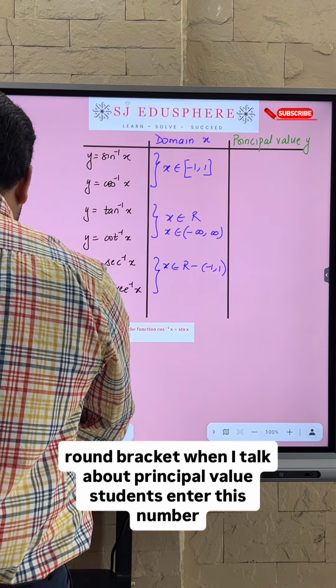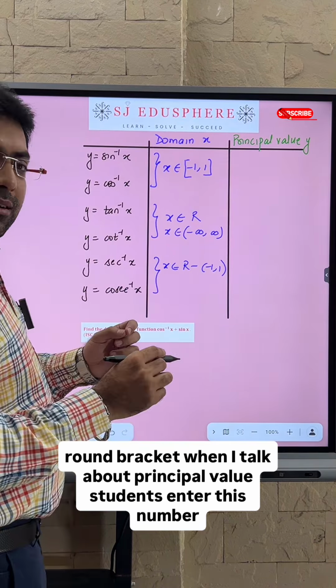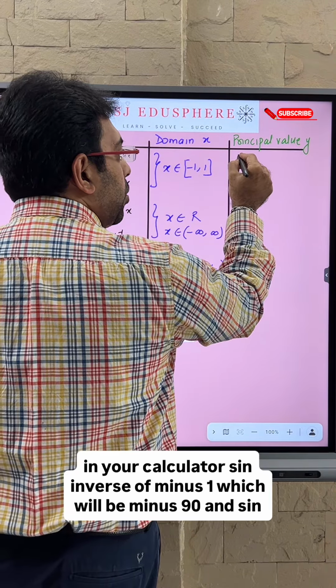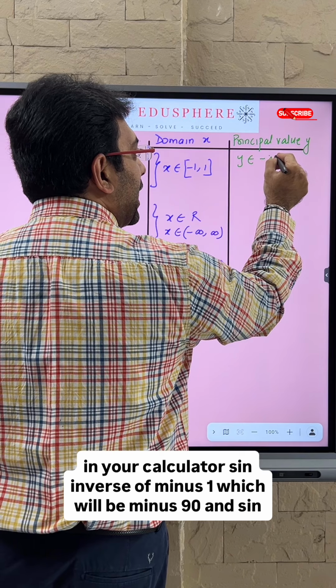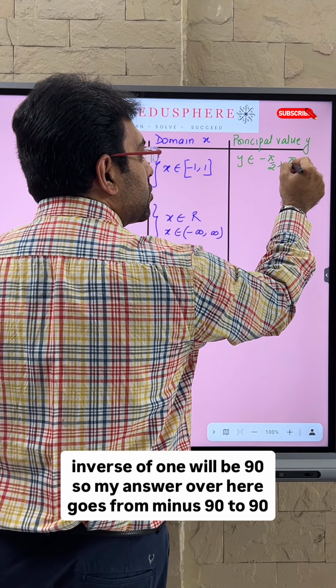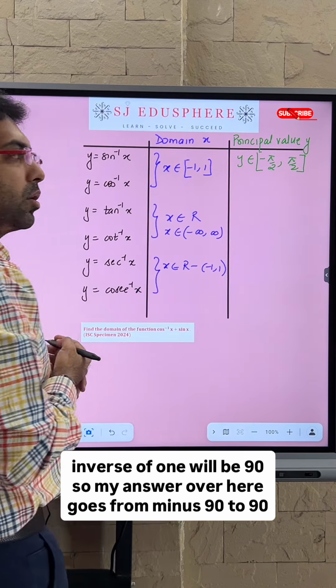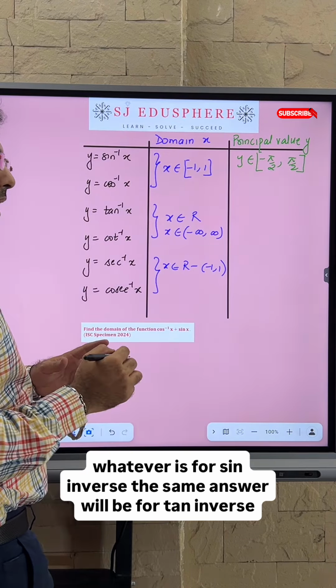When I talk about principal value, students, enter this number in your calculator. Sine inverse of -1, which will be -90, and sine inverse of 1 will be 90. So my answer over here goes from -90 to 90.